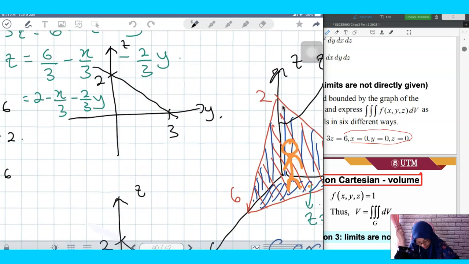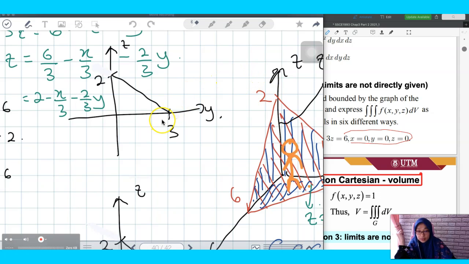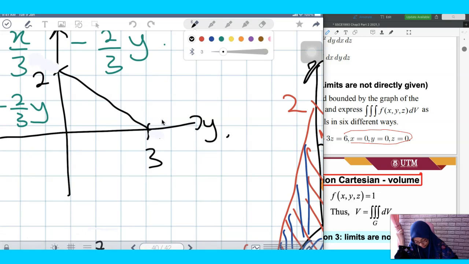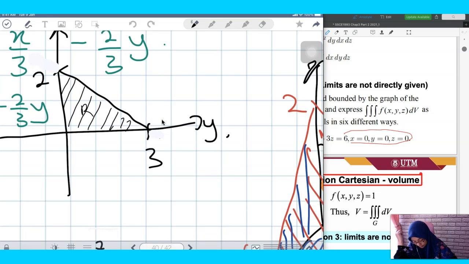Okay, but then your line is just there, right, 2 and 3. So this is your region on the ZY plane.